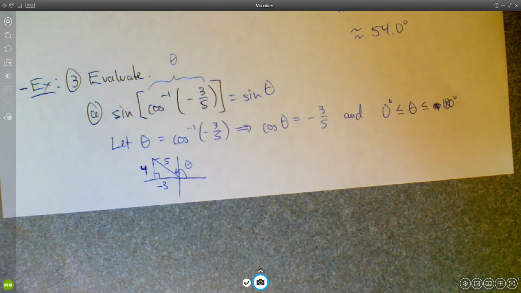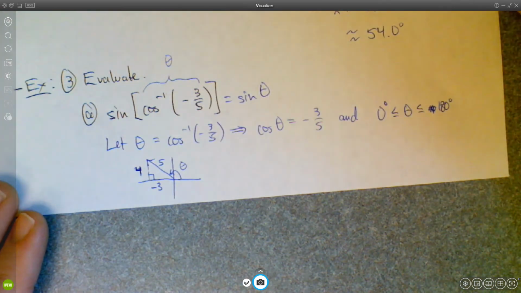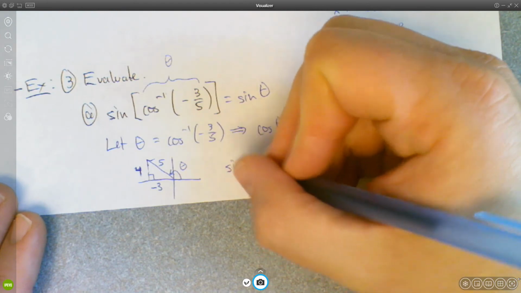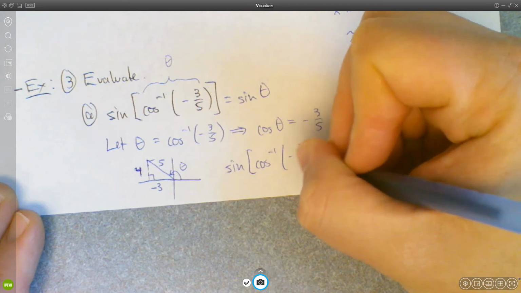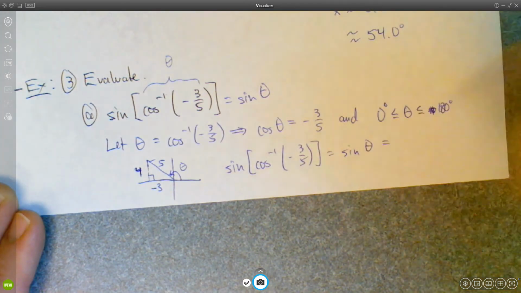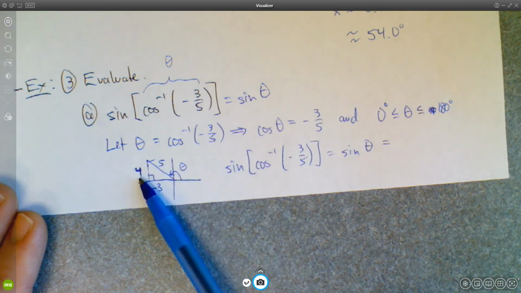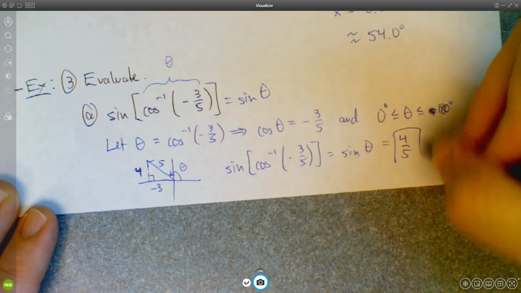So that's a 3, 4, 5 right triangle, and now we can find sine theta pretty easily. So sine of cosine inverse of -3/5 equals sine of theta, and sine of theta is 4/5, opposite over hypotenuse. And that's that.